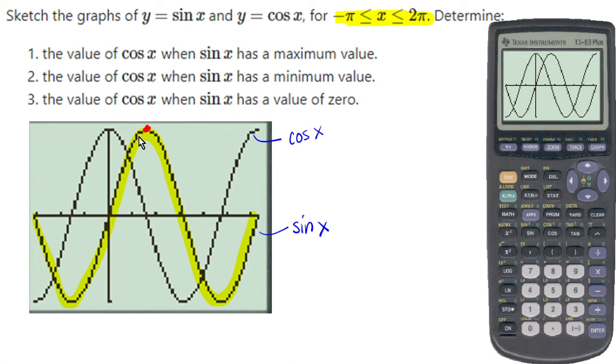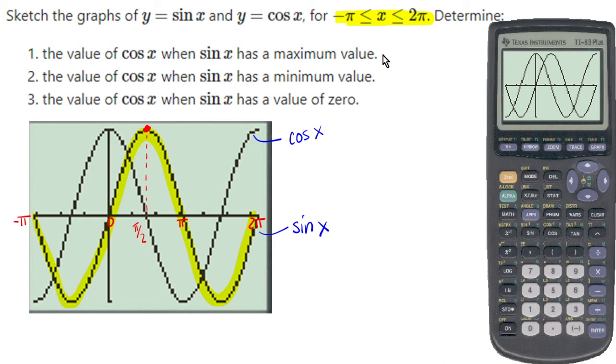This is x equals 0, this is x equals pi, this is x equals 2 pi, and down here will be negative pi. So the midpoint right here corresponds to pi over 2, or 90 degrees. So when sine of x has a maximum value, cosine of x equals 0.